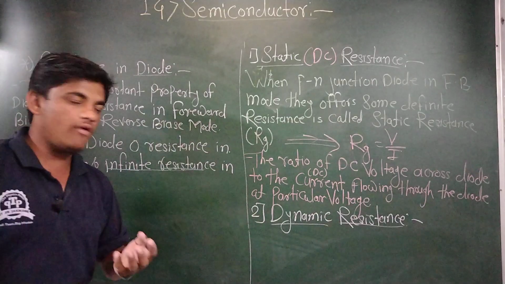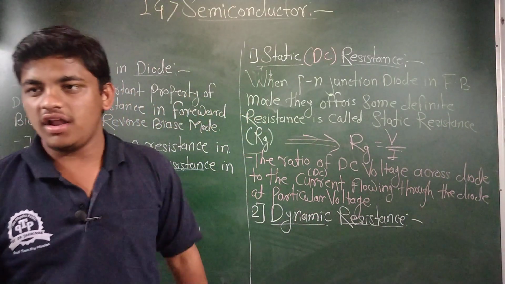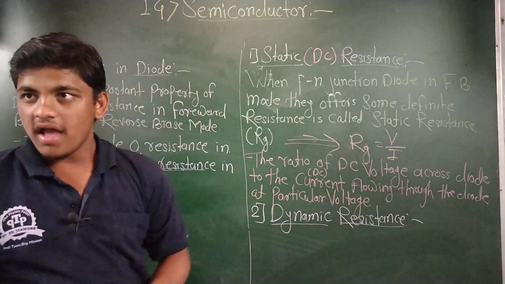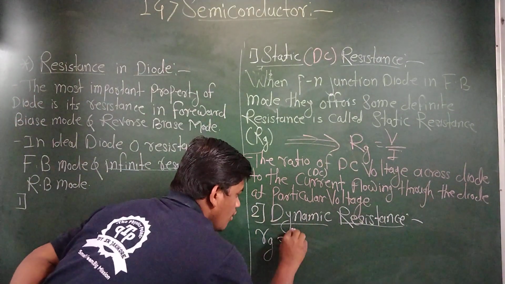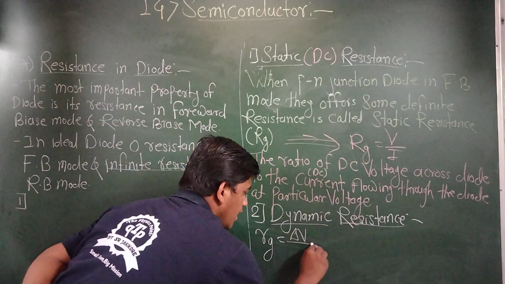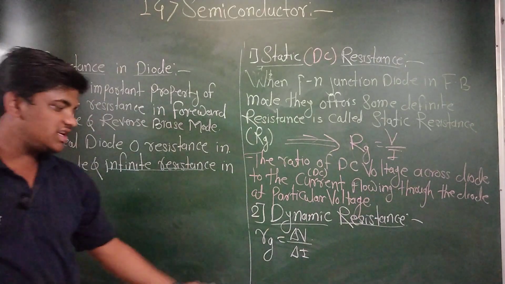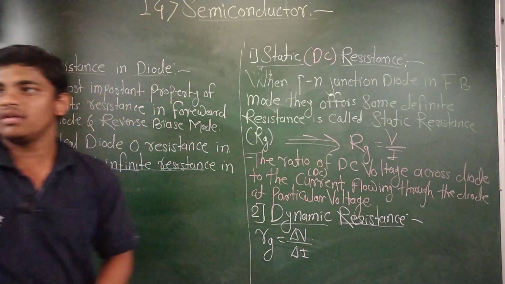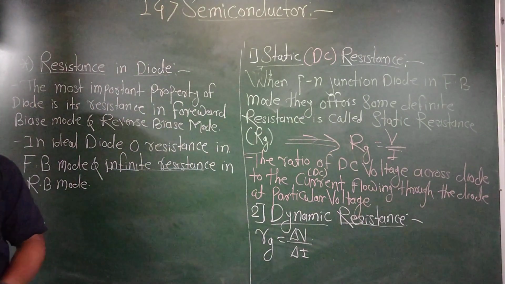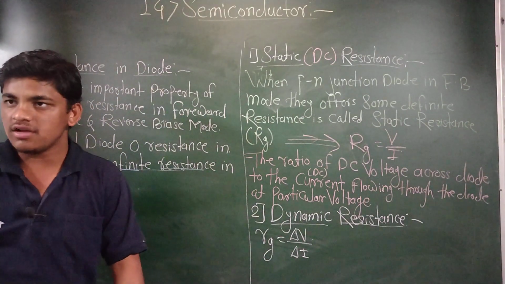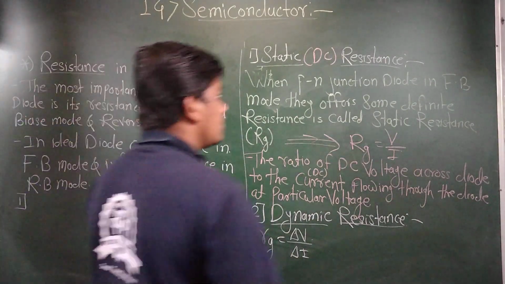IV does not mean four, it means the current and voltage characteristics. It is denoted as small r is equal to delta V divided by delta I, the change in voltage and change in current. It depends upon the operating voltage.